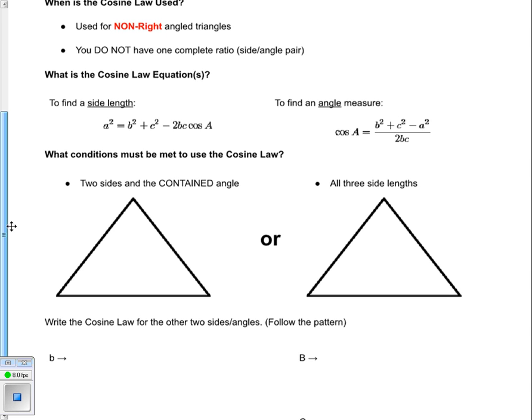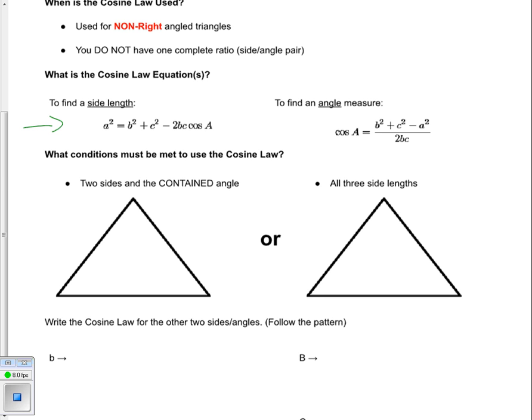And so really there's two formulas that we need to be aware of as we're using the cosine law. Okay, and so if you're trying to solve for a side length, you're going to use a formula that looks like this, where you've got a squared is equal to b squared plus c squared minus 2 times b times c times cos of angle A. Okay?